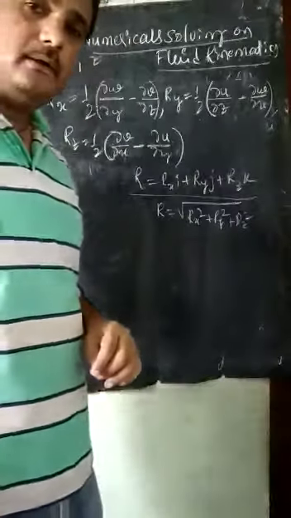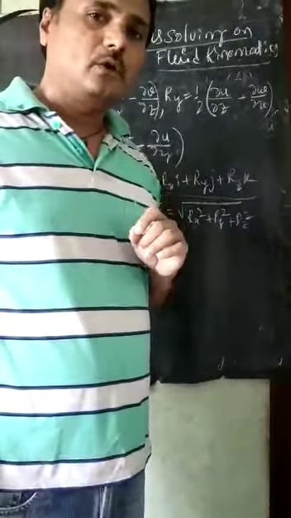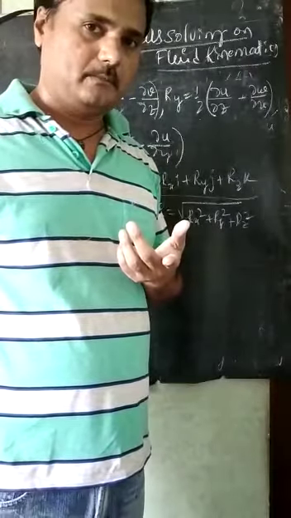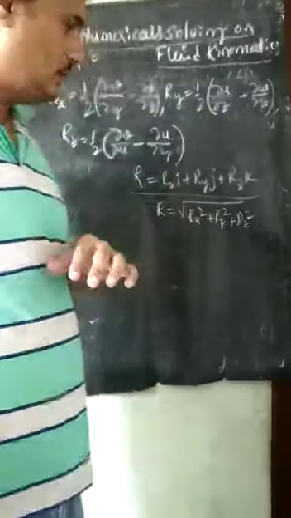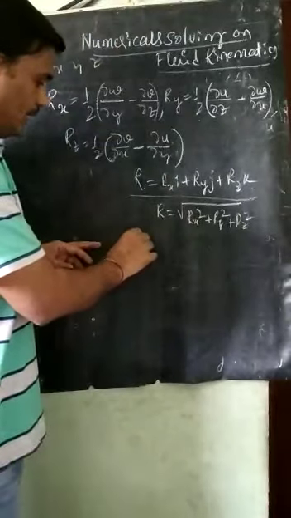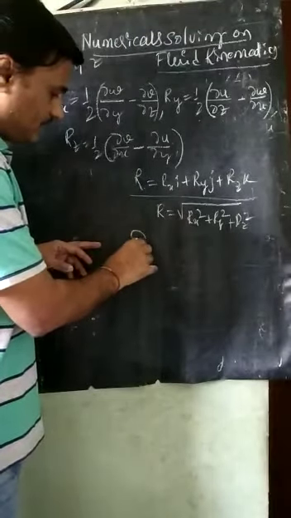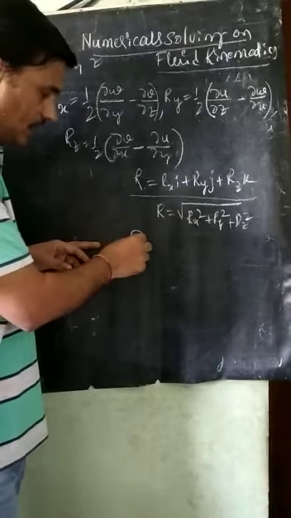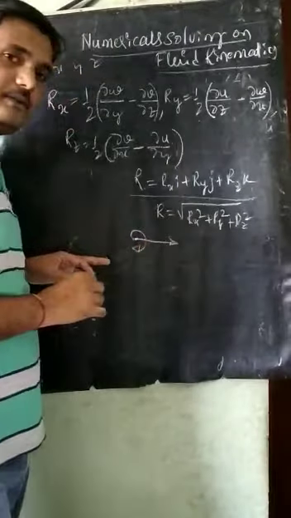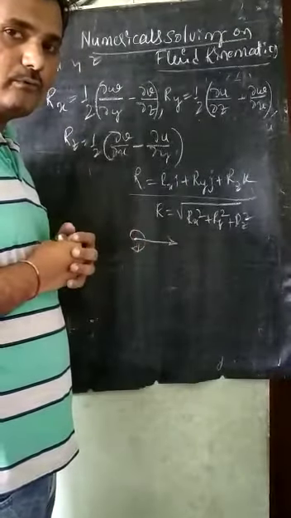How do we find whether the flow is rotational or irrotational? Rotational means the fluid particles themselves are rotating and also moving, and it is called rotational fluid flow.